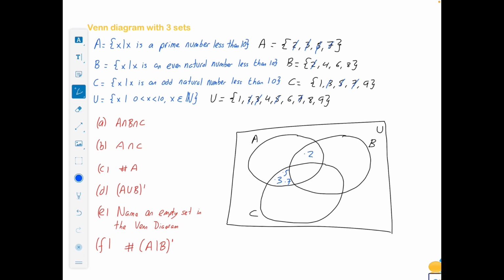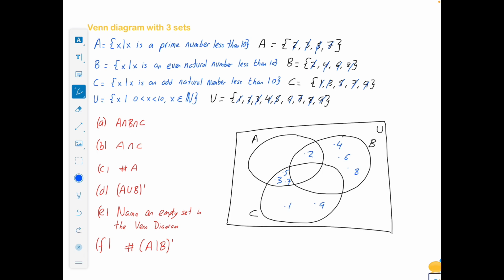Now, we're going to look at the things that are only in A. Nothing only in A. In B, we have the numbers 4, 6, 8. And in C, we'll have 1 and 9. We have everything ticked off of our universal set as well, so we have nothing out here in the empty space. Now, we'll answer our questions.